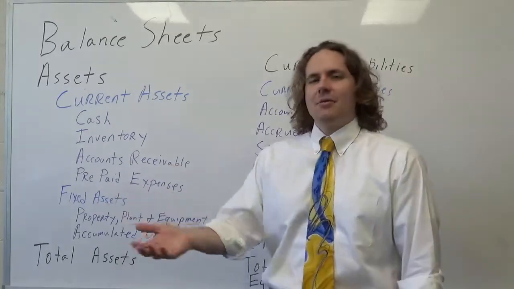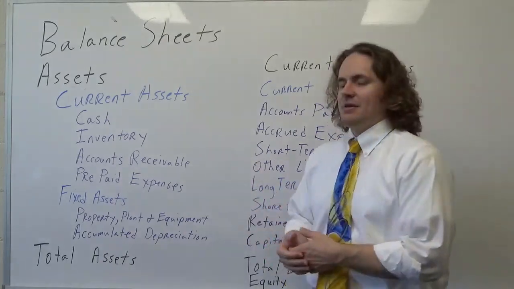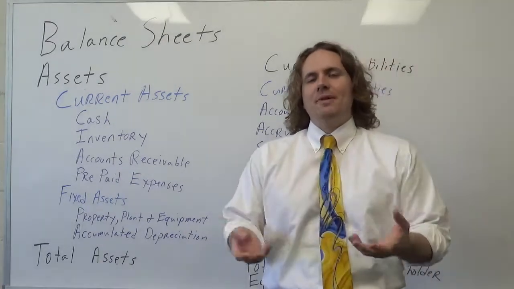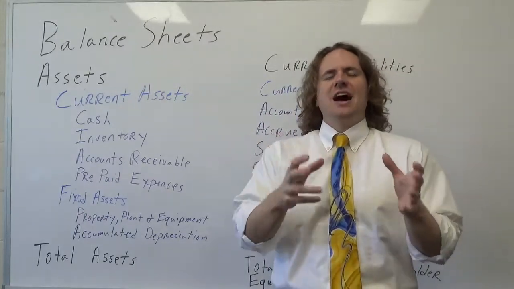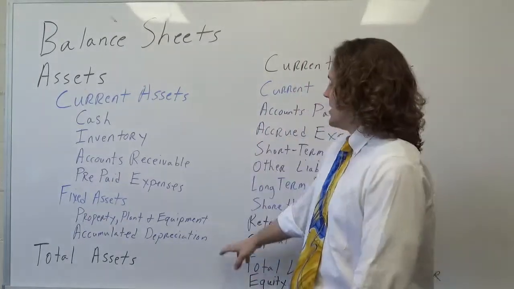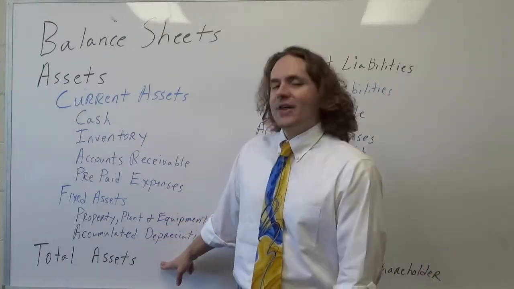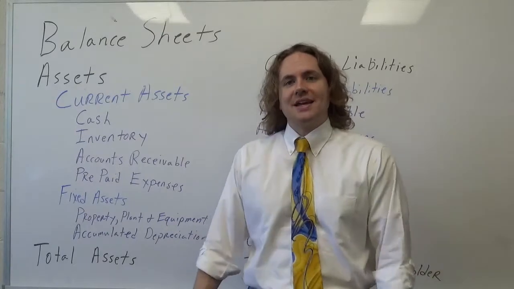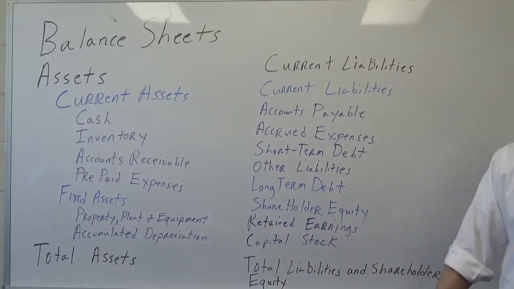You can use this same argument with any manufacturing place, equipment, whatever, because it can be argued that since it's been used, it's not as valuable as it was when it was new. So you also keep track of your accumulated depreciation here, and you add all that together, and that gives you your total assets. Now your total assets, as I mentioned, also have to equal your total liabilities and shareholder equity.